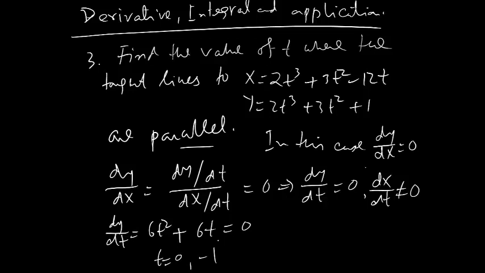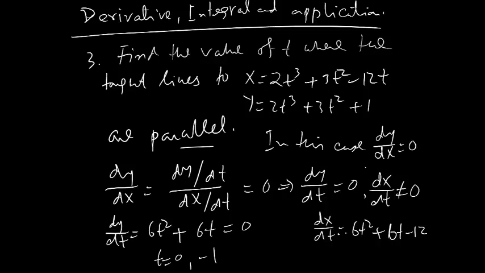All right. And then you need to test also what happens to dx/dt. So my dx/dt is 6t squared plus 6t minus 12.